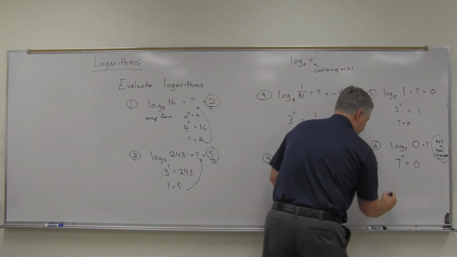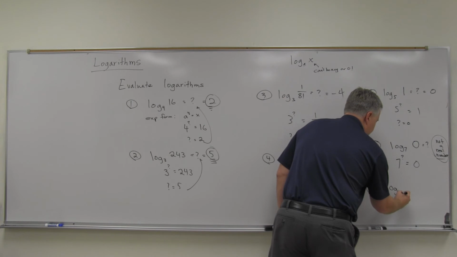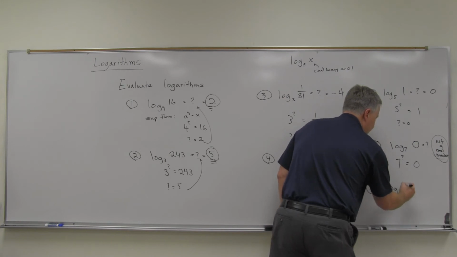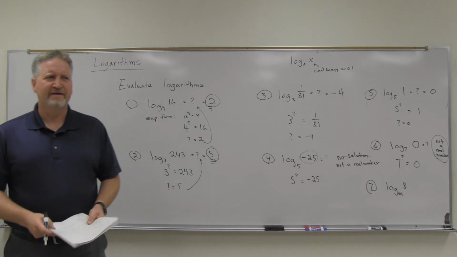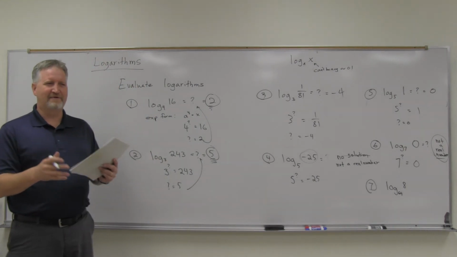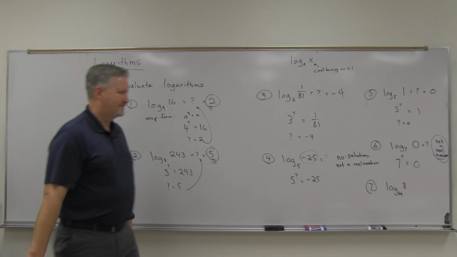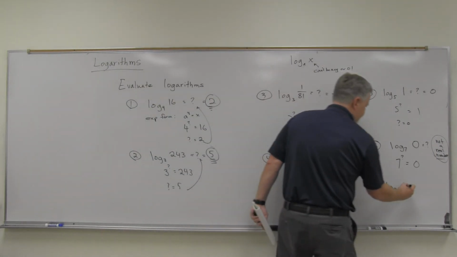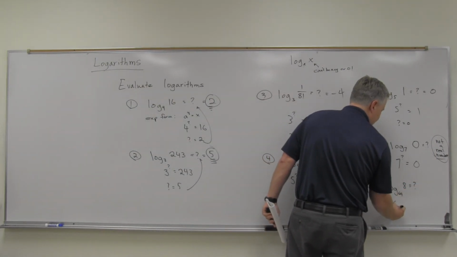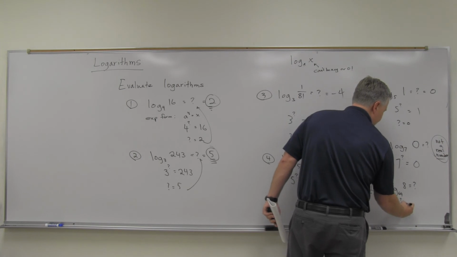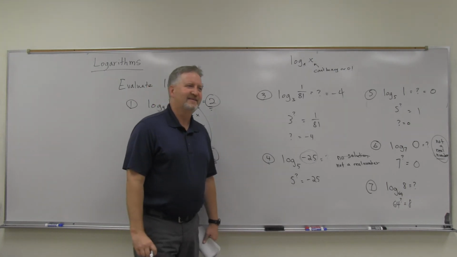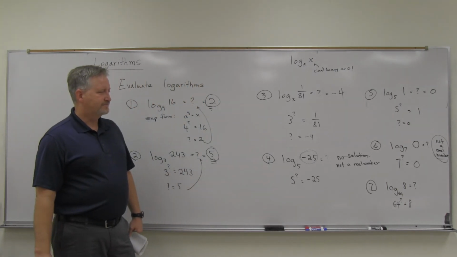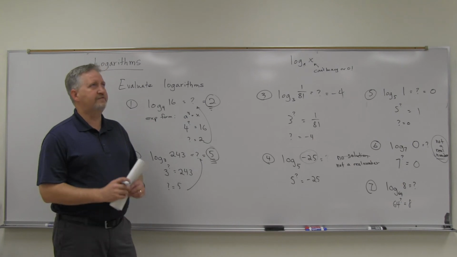Just saw it on my paper here as I was doing that one. A little tricky one are these, log base 64 of 8, because it's kind of flip-flopped of what we would normally expect here. We may have not even talked about this fact here. What power of 64 gives you 8?